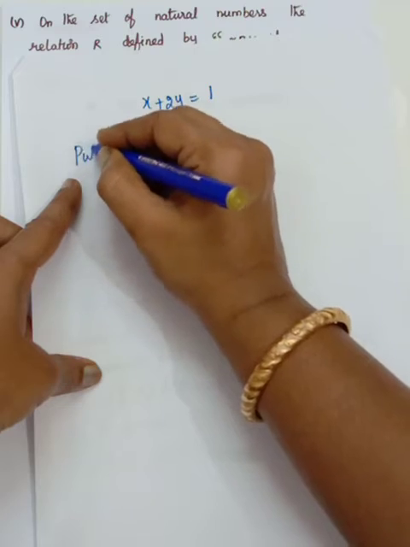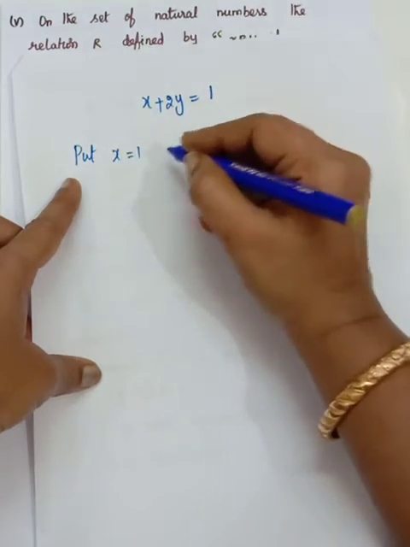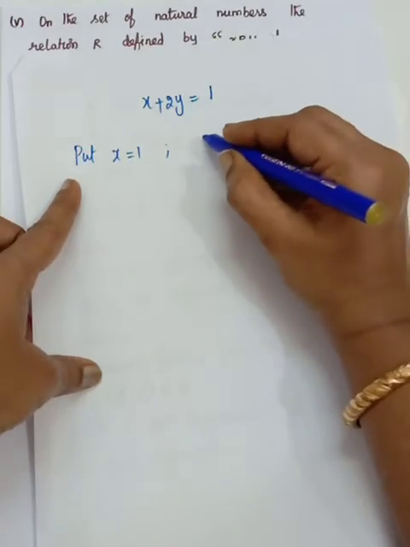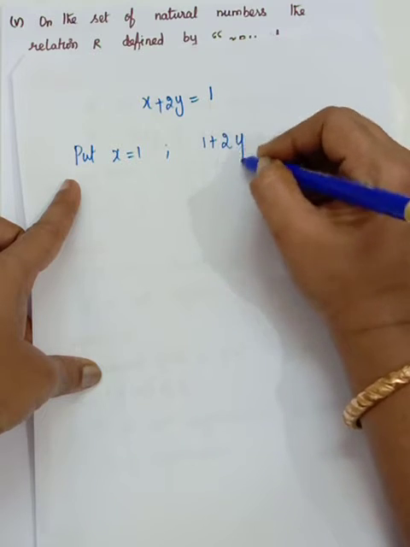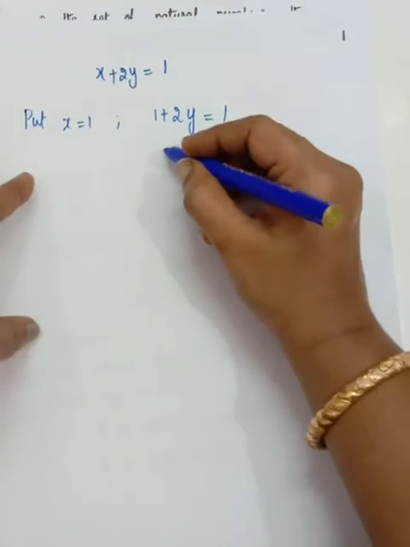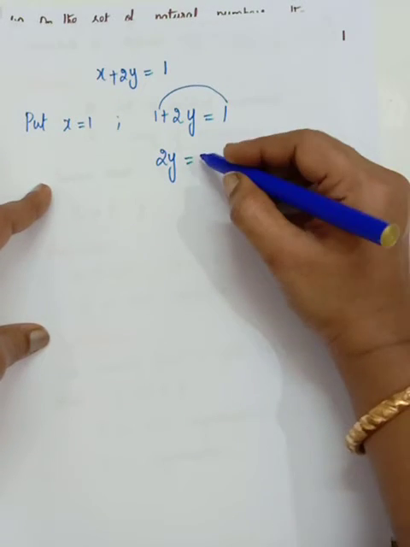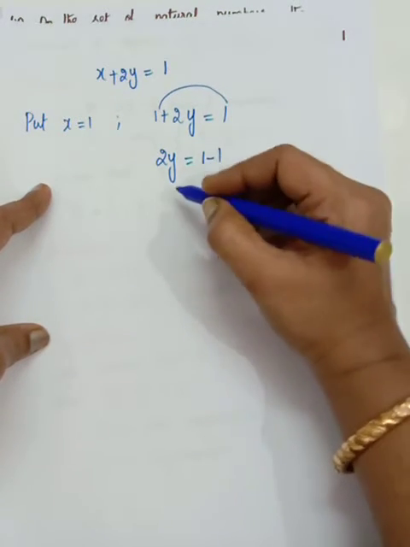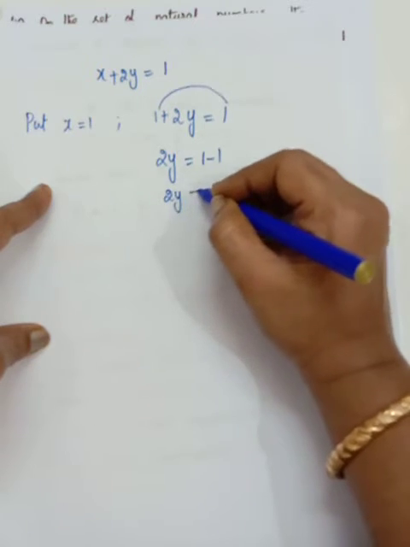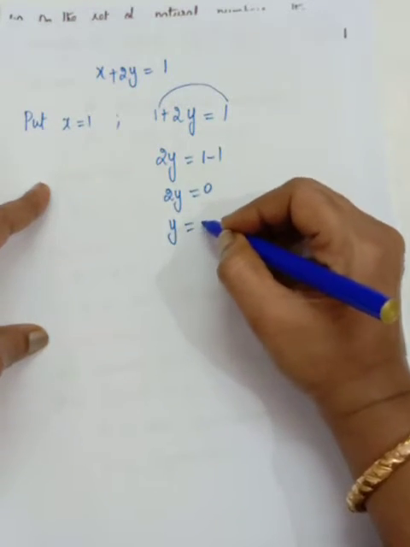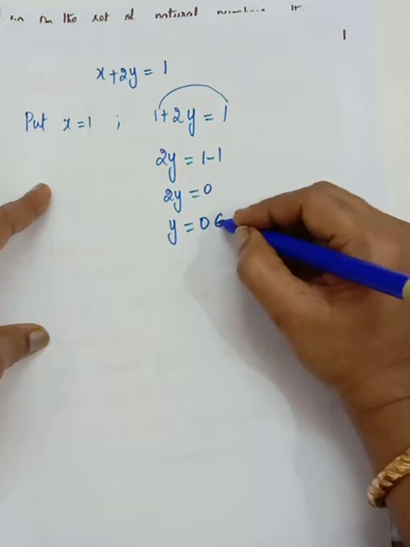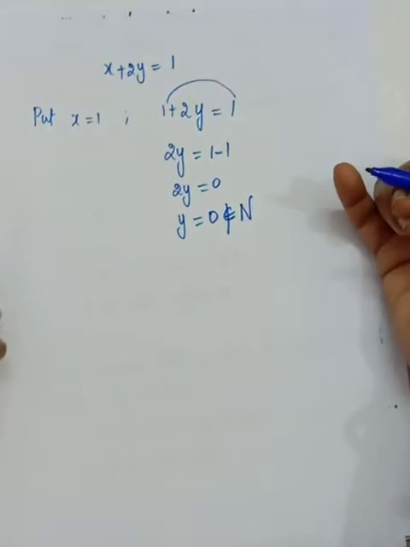If I put x equal to 1 and substitute, 1 plus 2y is equal to 1. So what is 2y? If you take it to the right side, it is 1 minus 1, that is 0. So 2y is equal to 0, so y is equal to 0 by 2, that is 0. 0 is not a natural number.